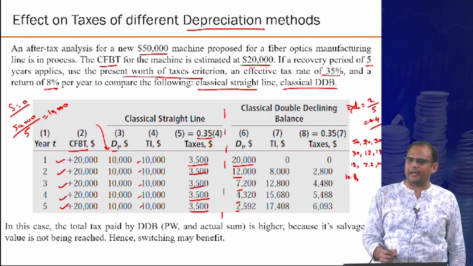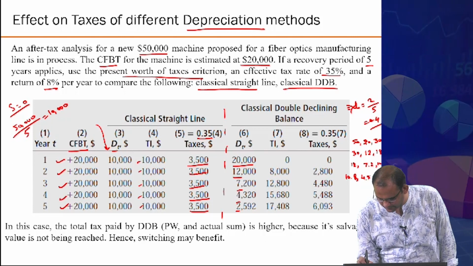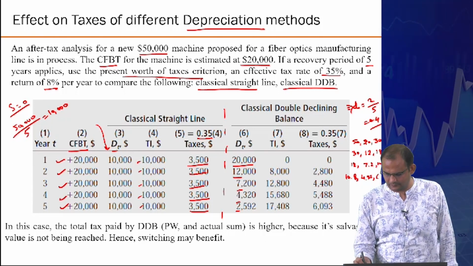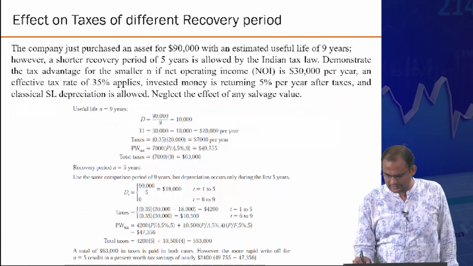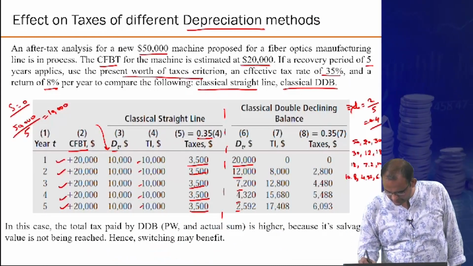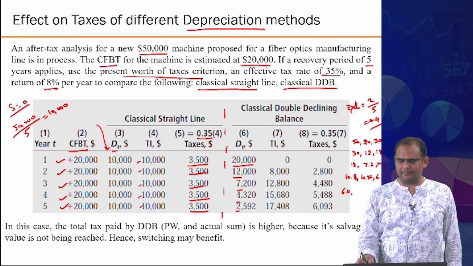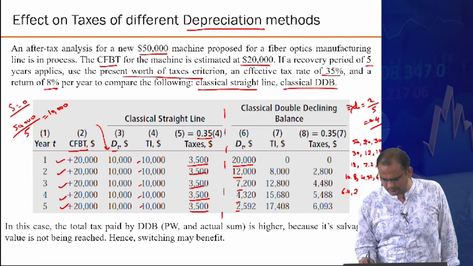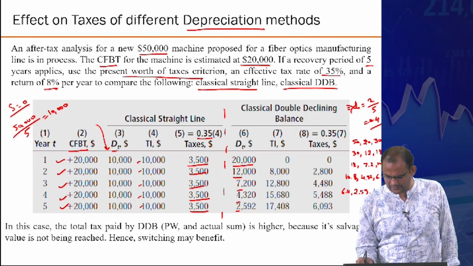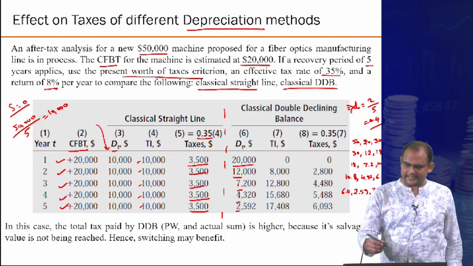What is 10.8 times 0.4? 4.32. Remaining 6.4. 6.4 multiplied by 0.4 gives the depreciation, and the remaining amount will be what? 3 point something. Okay. So, this table is correct.